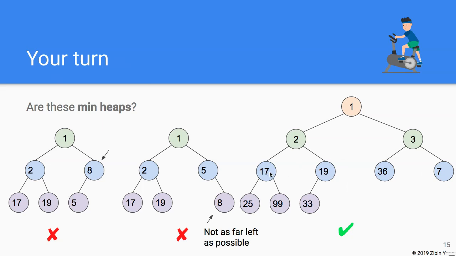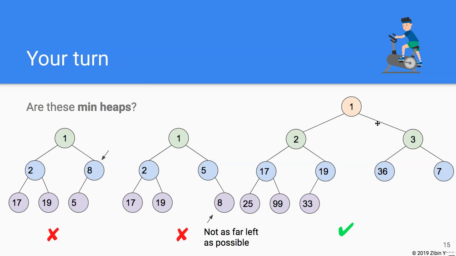Every level is filled except the last one, and in the last level, everything is as far left as possible. And then it also satisfies the heap property. You can check every single node, and every single node is smaller than all of its children.